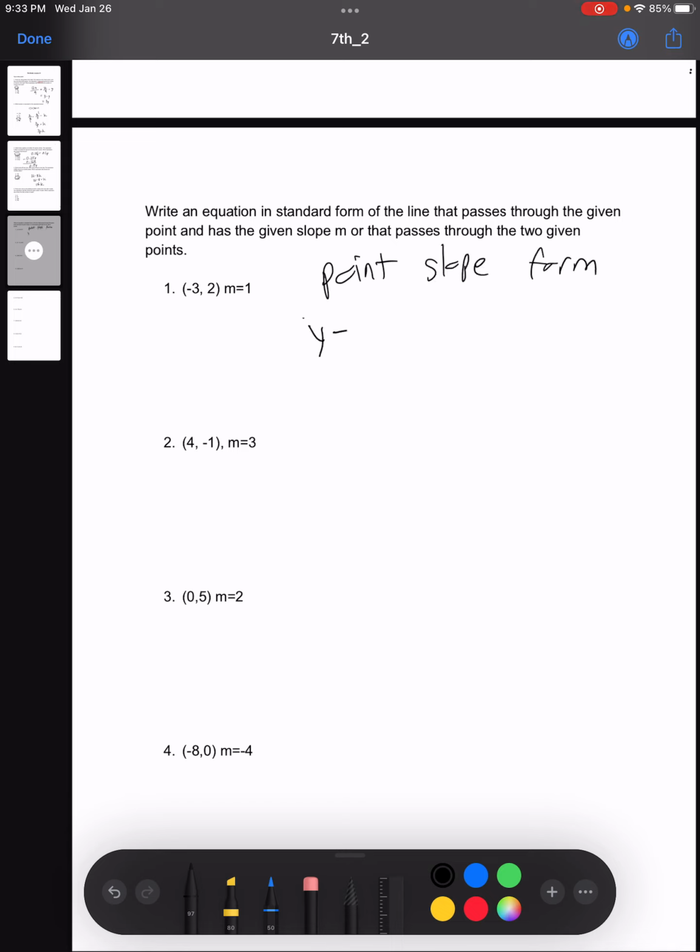It's essentially an equation that looks like this. It may look a little complicated, but I'll explain. Basically, the y0 and the x0 are just the coordinates of a point we're given.